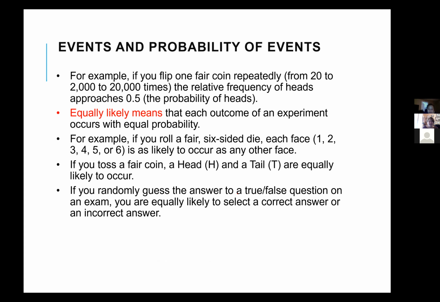If you randomly guess the answer to a true-false question, I mean truly, purely, randomly, no idea, you just guess, the probability of you getting it correct is 50%. You're equally likely to get it correct as you are to get it incorrect.